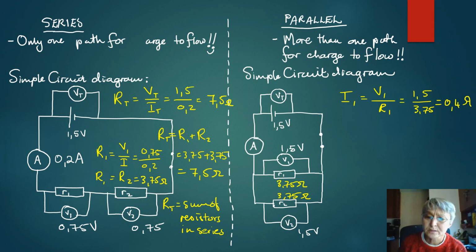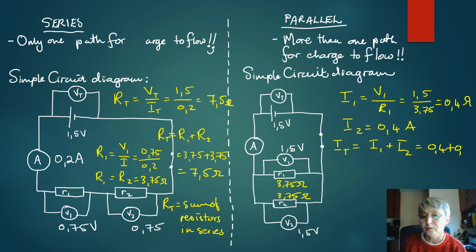And because the resistors are identical, the current through the second resistor would be exactly the same, 0.4 amperes. Now, parallel connected resistors are current dividers. So in that case, the total current in the circuit is the current through the first resistor plus the current through the second resistor. So it's 0.4 plus 0.4, which gives us 0.8 ampere.